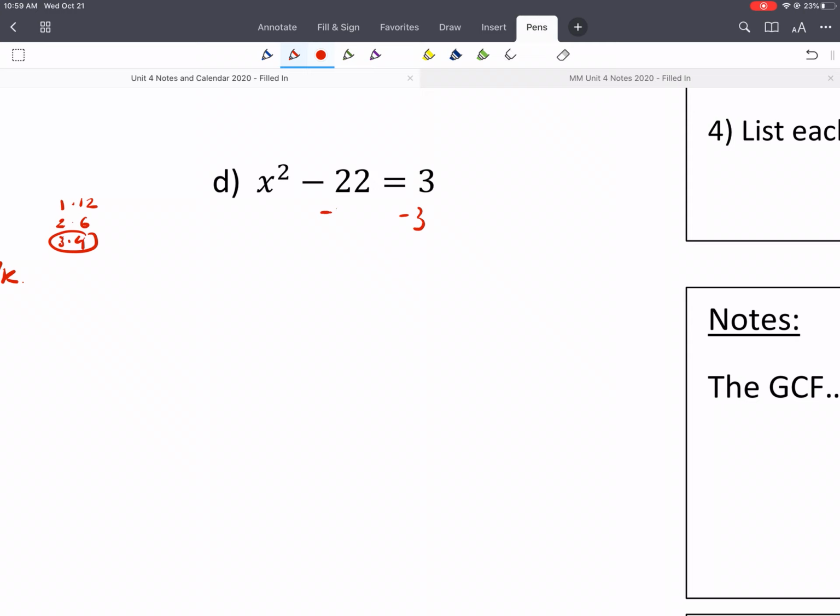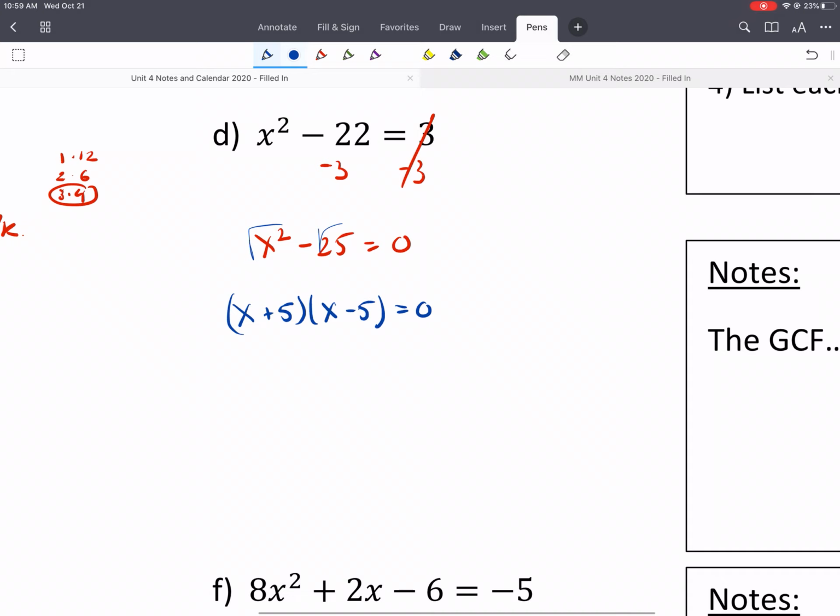So we'll subtract 3 from both sides. That gives us x squared minus 25 is equal to 0. This is the difference of squares. You could do glasses, but you could also just do the difference of squares. So x plus 5 and x minus 5.